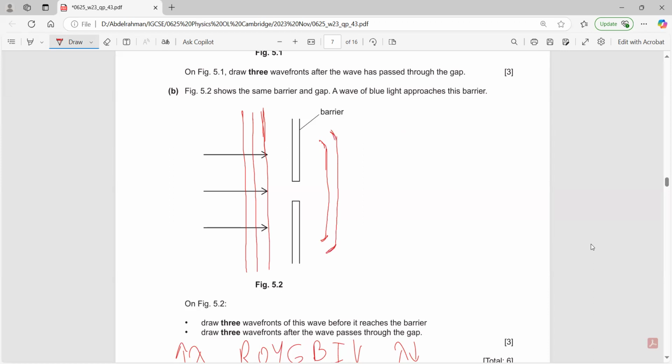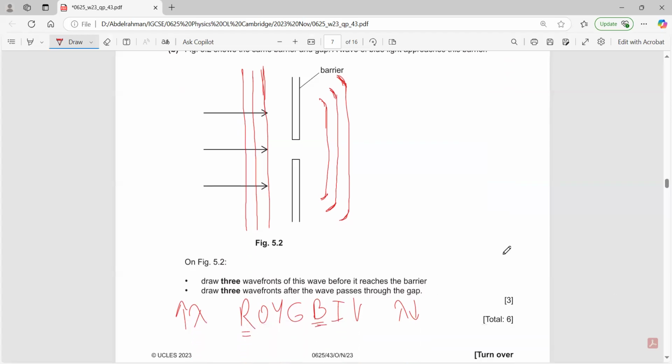Yes, these are the wavefronts that have bent, with the bending at the end of them, indicating a much less diffraction.